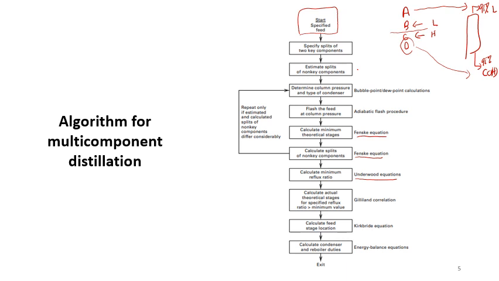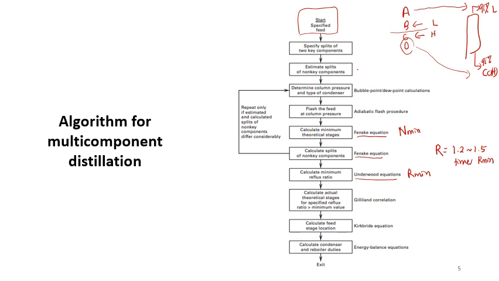And next, after we know the N-min and R-min, we can calculate the actual theoretical stages for a specified reflux ratio. So here we got N-min, here we got R-min. So we have to decide what is our R. Typically R is between 1.2 and 1.5 times R min.